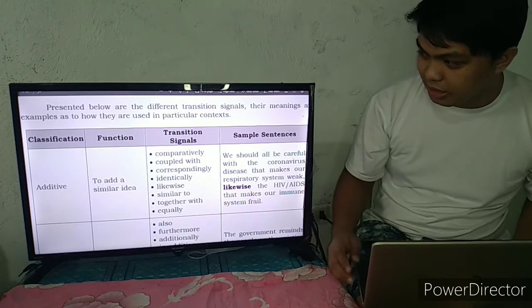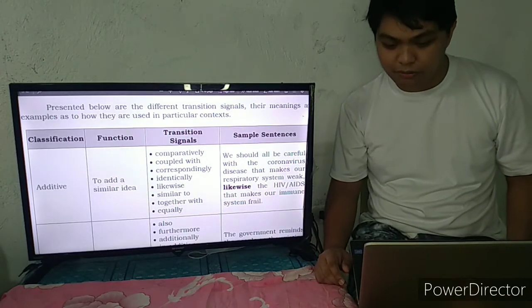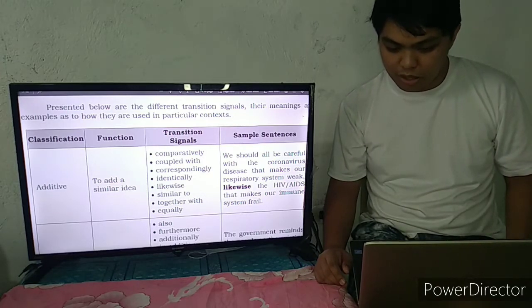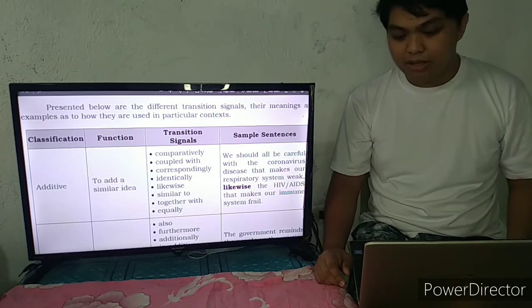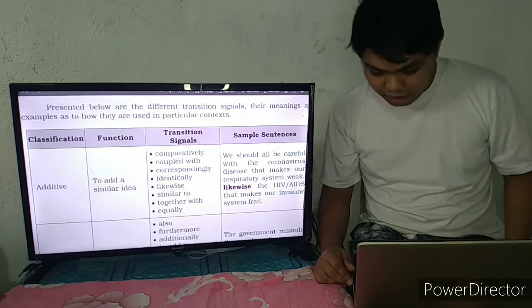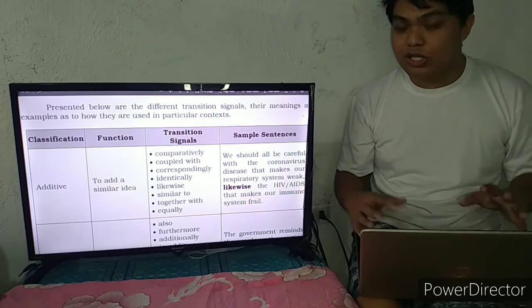For example sentence, we should all be careful with the coronavirus disease that makes our respiratory system weak. Likewise, the HIV/AIDS that makes our immune system frail. So, this is to add a similar idea.